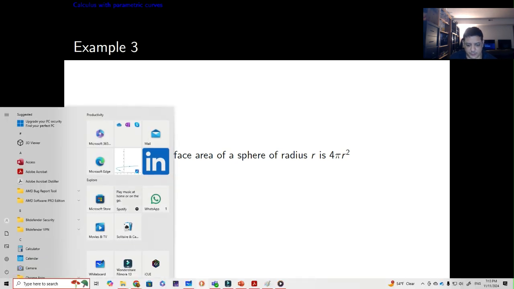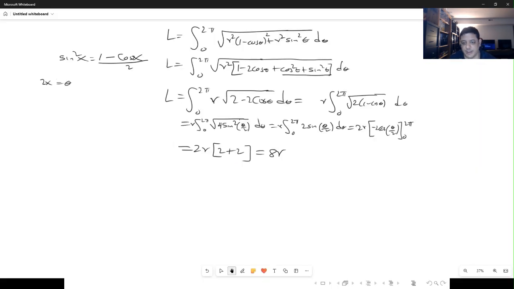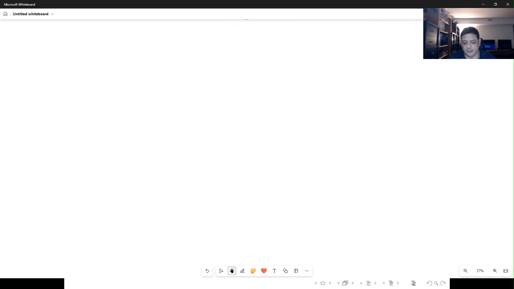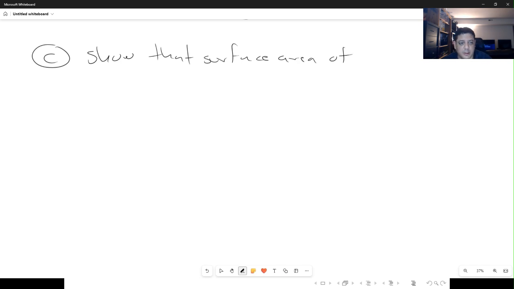So let me go back here. Let's say show that the surface area of the sphere is 4 pi r squared. And so for this, we're going to take a semicircle. We're going to take x equals r cosine of t, and y equals r sine of t.